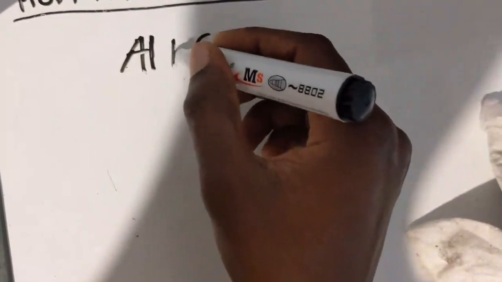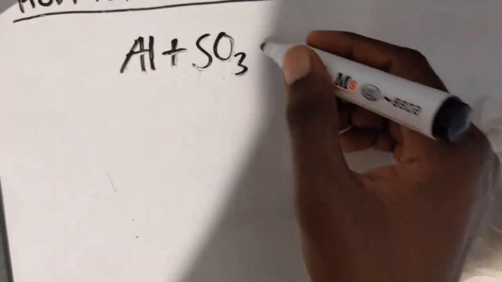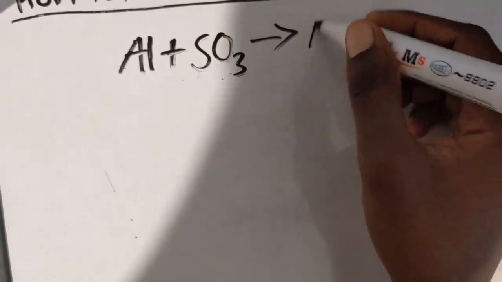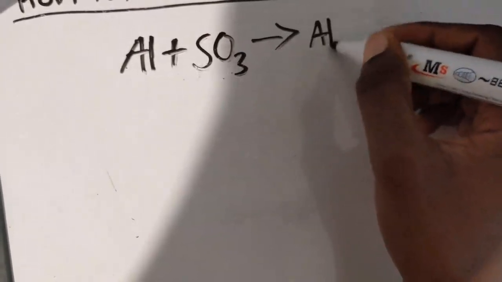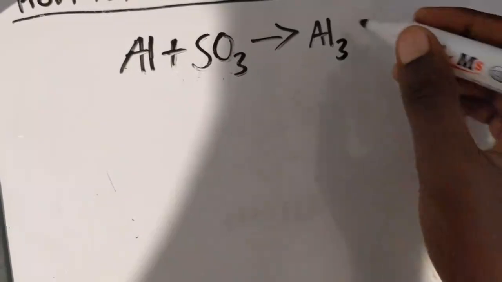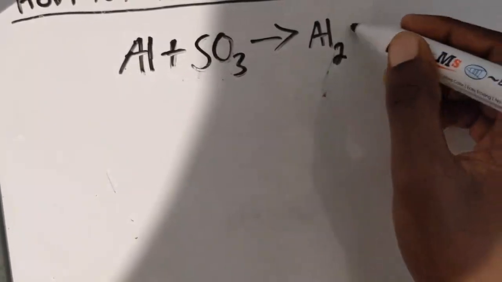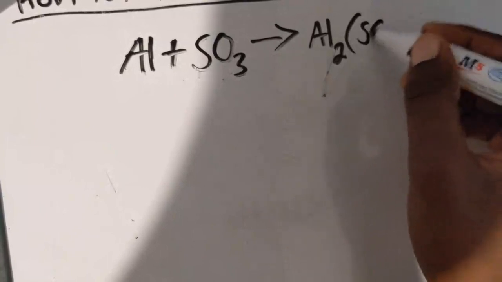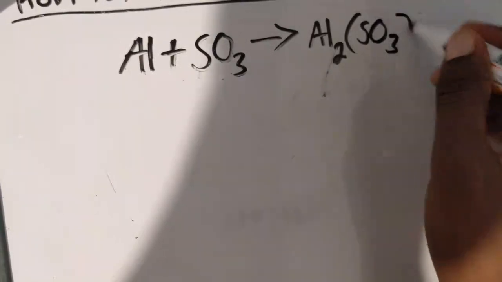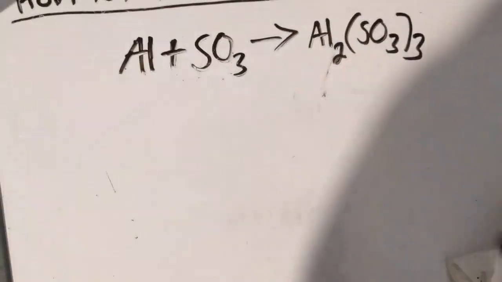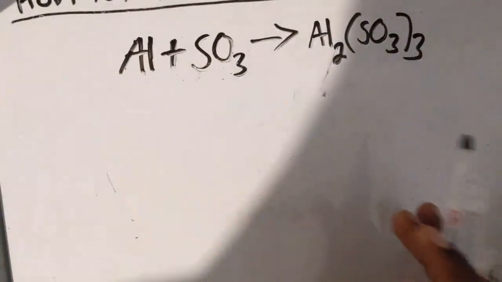So if this is plus like that, it will be equal to aluminium, which will have a 2 here, then sulfate like that. This is how it will be.